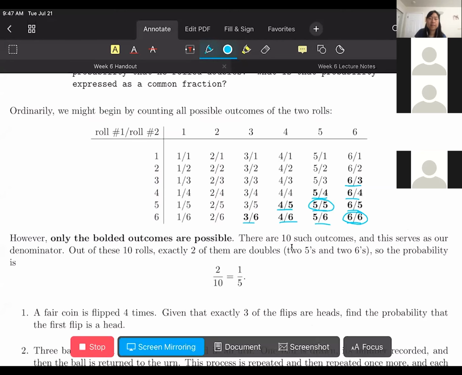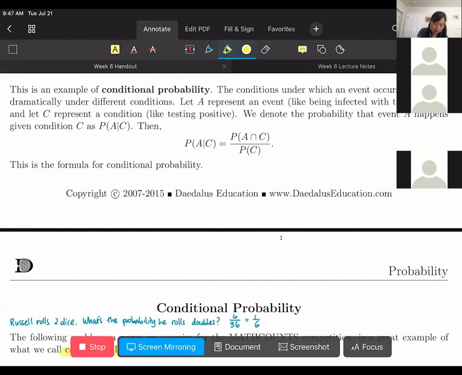So before we do a couple of example problems too, I wanted to show also this formula. So basically, I'm taking a look at this paragraph over here. For conditional probability, the conditions under which an event occurs can change the probability dramatically.